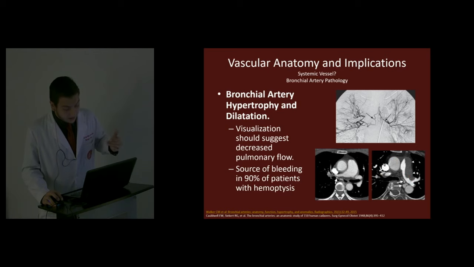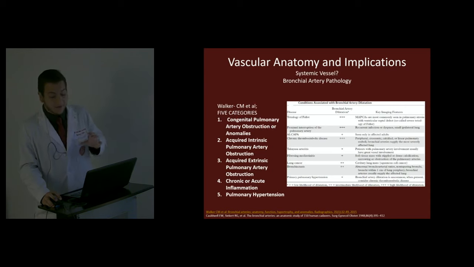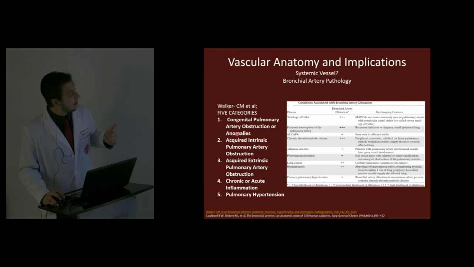And when it comes to the causes, Walker and his collaborators classified 5 pathophysiological categories that cause the bronchial artery dilatation. Some of these categories were congenital pulmonary artery obstruction or anomalies, acquired intrinsic or acquired extrinsic pulmonary artery obstruction, chronic or acute inflammation, and pulmonary hypertension.